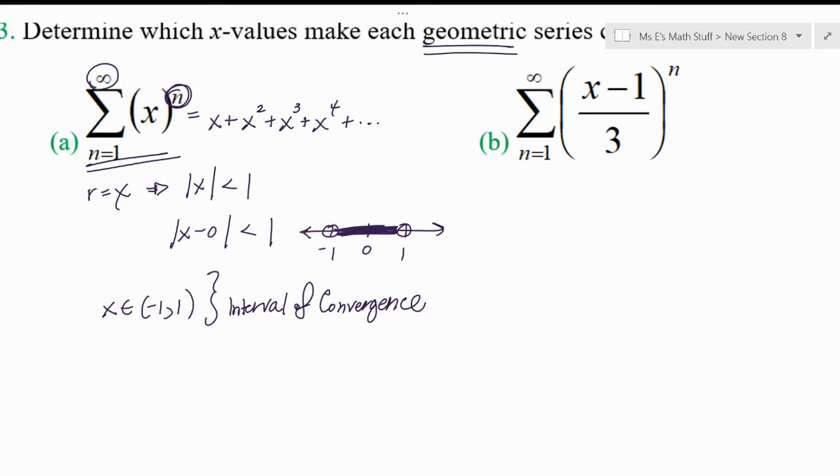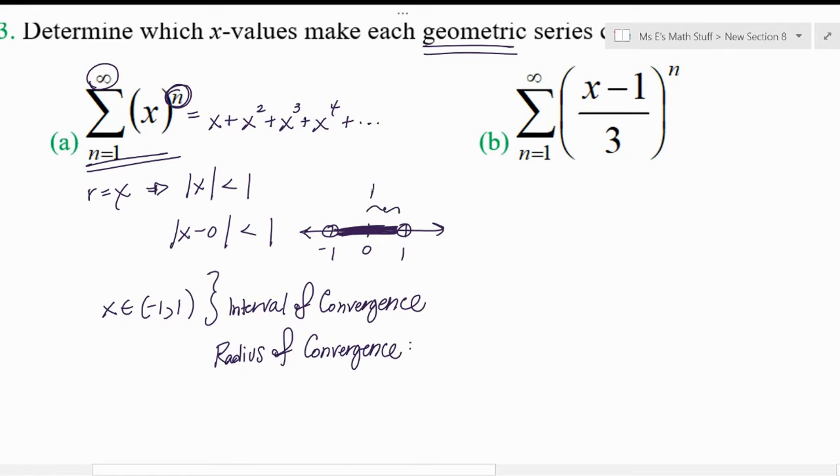And then just some follow-ups. So your interval of convergence for this one would be from -1 to 1. Your radius of convergence, just kind of keeping true to the definition of radius, would be the distance from your center to the outer edge.